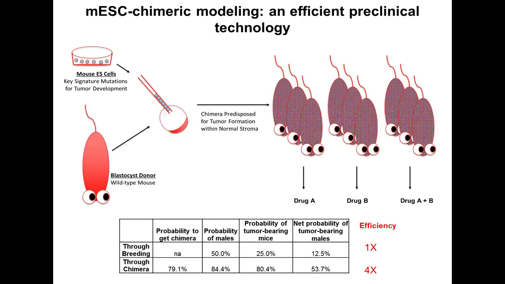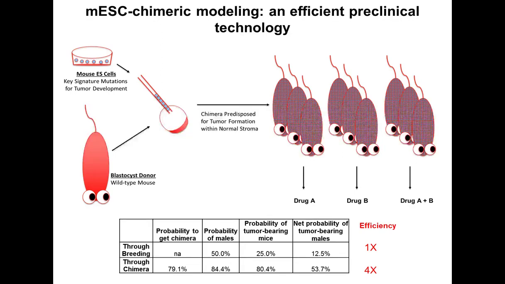And remember, those cell lines were derived from those tumor-prone mice. So genetically, they are also making those mice prone to prostate tumor development. But because those prostates have cells derived from these stem cells as well as from the normal blastocysts, that's why it's called a chimera.